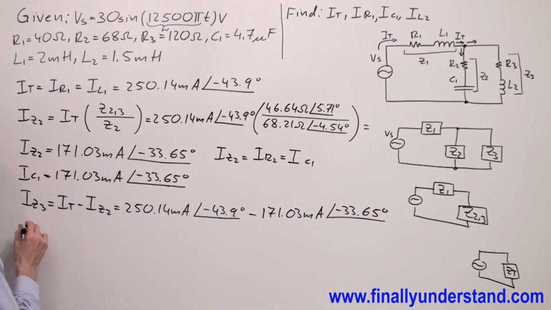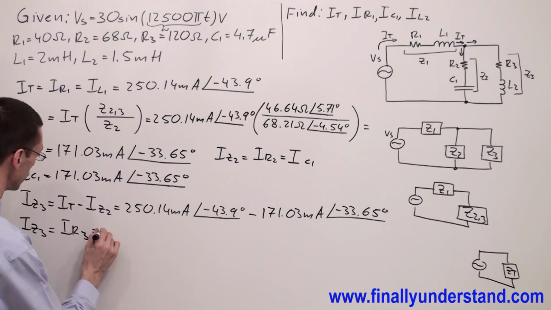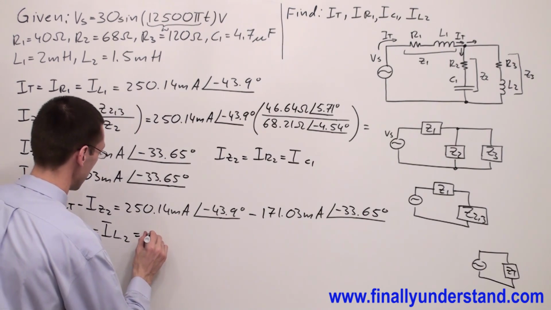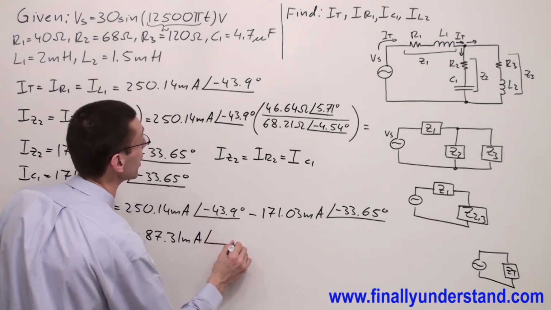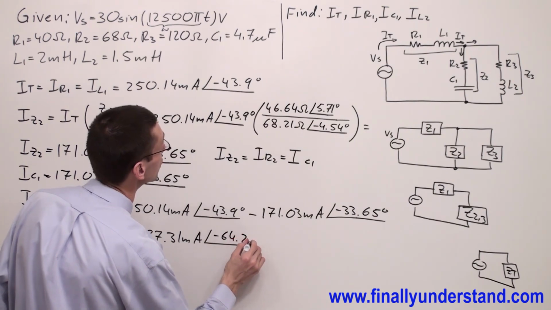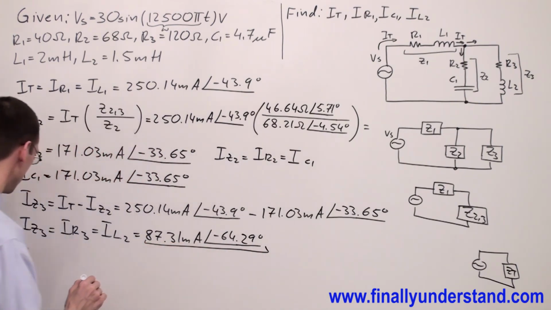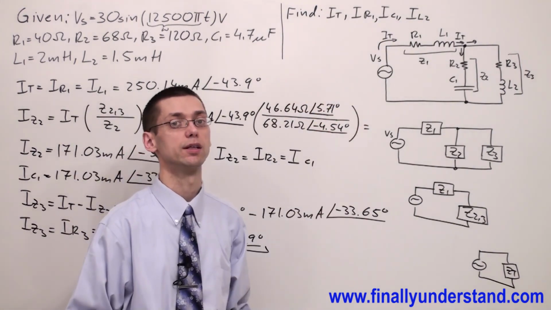Okay, perform the subtraction. You're supposed to get IZ3, which is also equivalent to IR3 and is equivalent to IL2. This is equal to 87.31 milliamps, an angle of negative 64.29 degrees. Okay, so this is my current IL2. We found all currents, so we can say that the problem is solved.